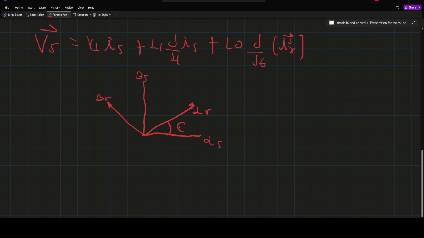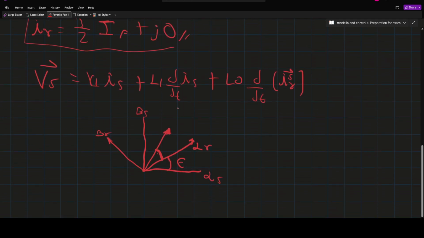Between these two, we have an angle of epsilon. We have our phasor in the rotor reference frame, with a magnitude and an angle, but we want to represent it in the stator frame.